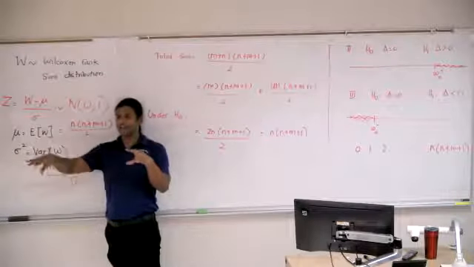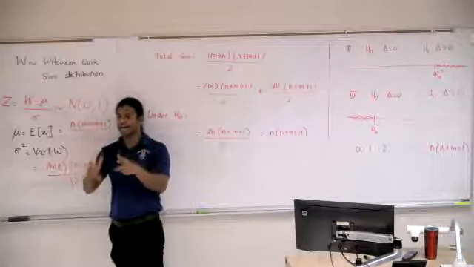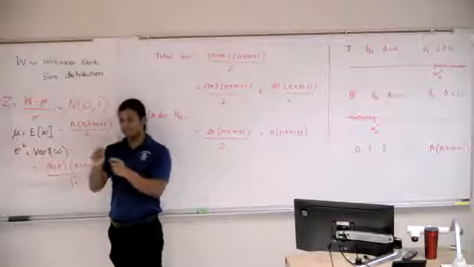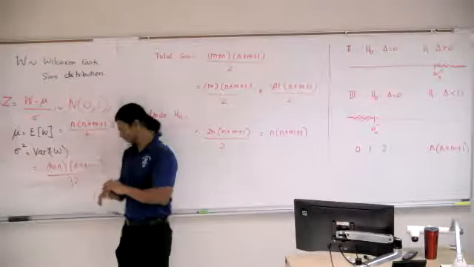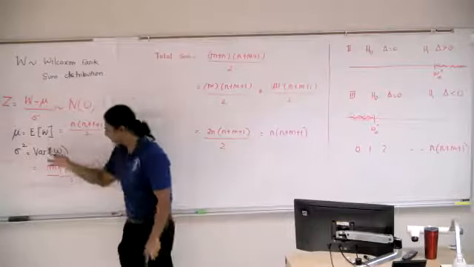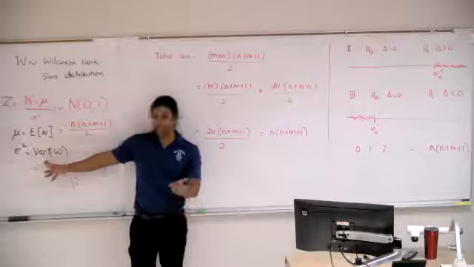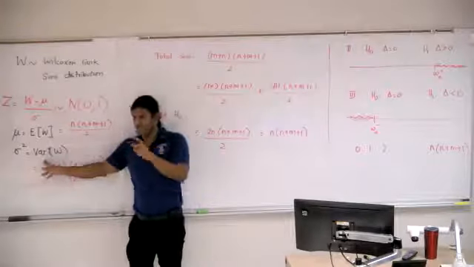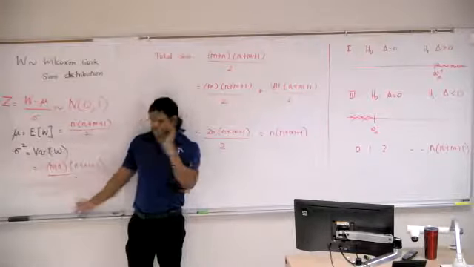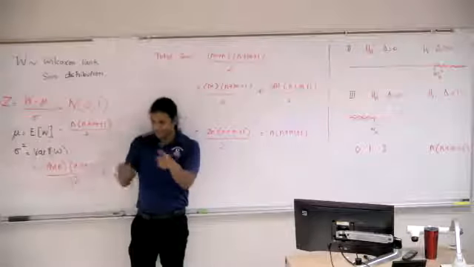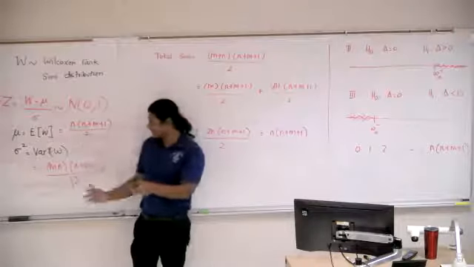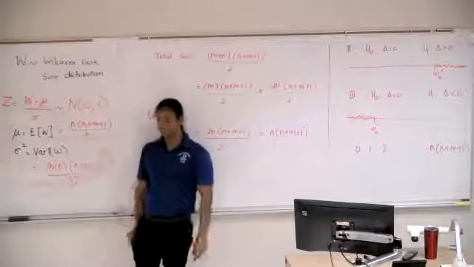If you have n natural numbers, you square them, then you add them, you'd have n times n plus 1 times 2n plus 1 over 6. Same logic. If you put it in the variance formula, you'd have to find the expectation of W squared. So you will get a 12 there. You take a common denominator and you subtract and simplify, and you'd end up with this.